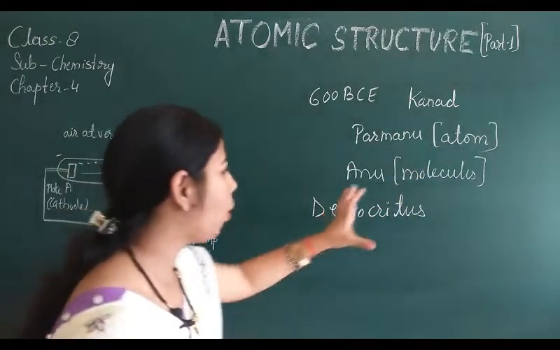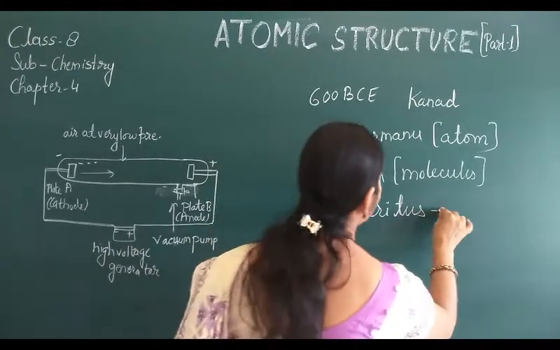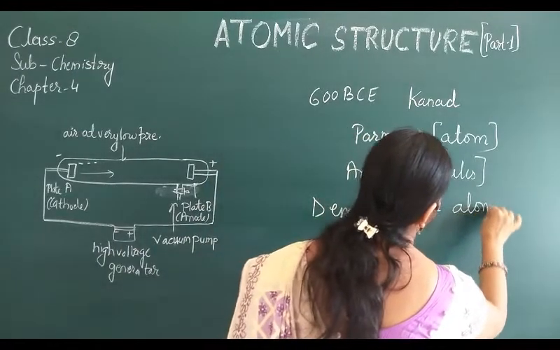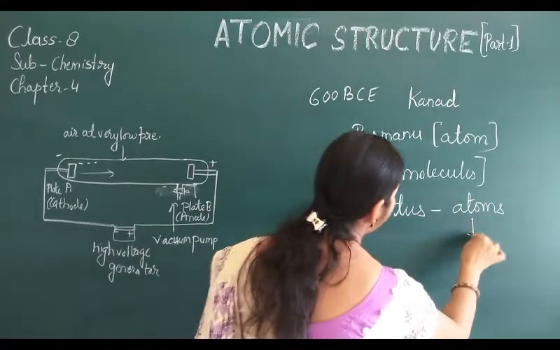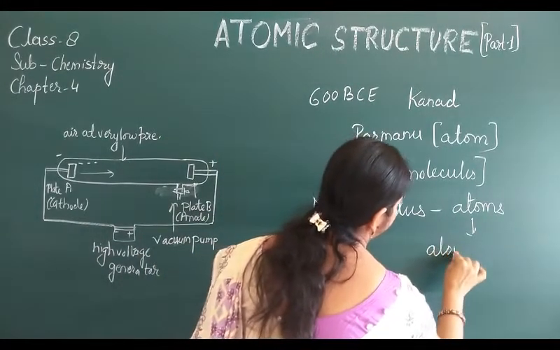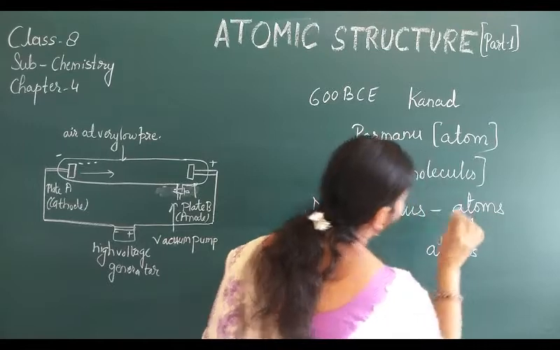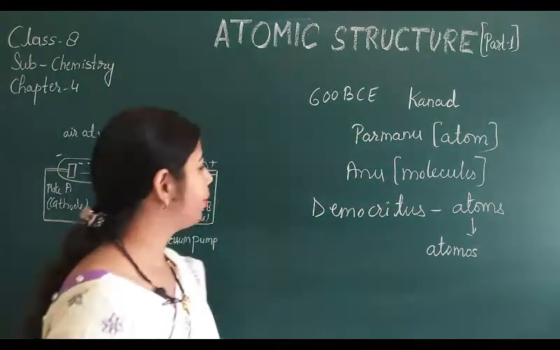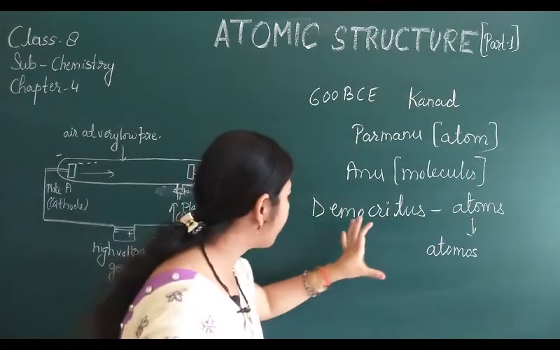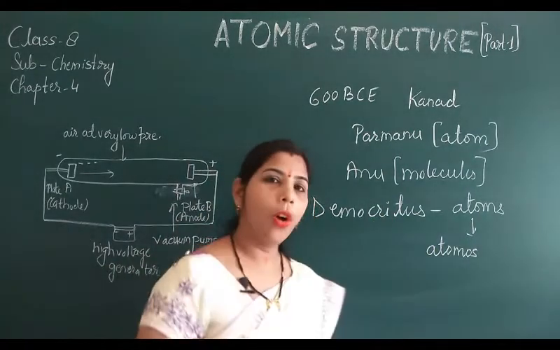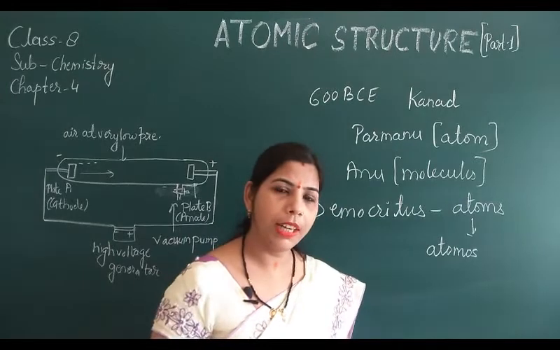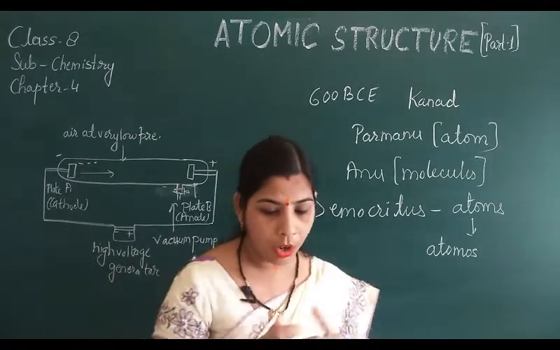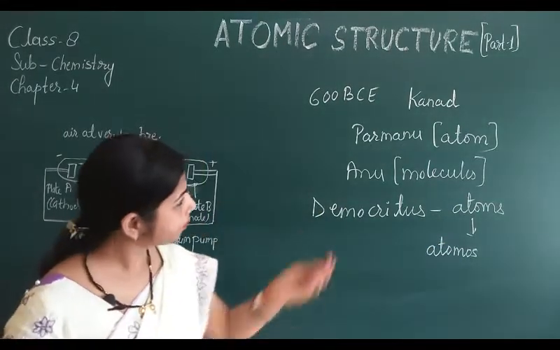He called all the small particles atoms, and this word atom was derived from the Greek word atomos, whose meaning is indivisible. That means Democritus told that all matter is made up of indivisible, indestructible particles which are always in motion.